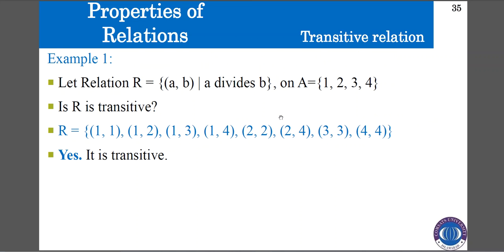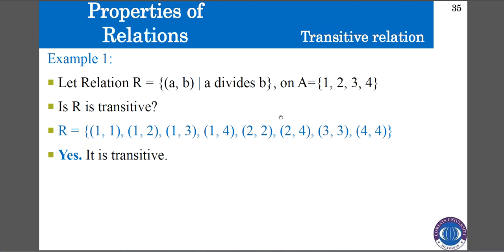Let us consider transitive relations. Example: relation R of pairs (a, b) where a divides b on the set A = {1, 2, 3, 4}. It is a transitive relation. First we get the relation, whose pairs are (1, 1), (1, 2), (1, 3), (1, 4), (2, 2), (2, 4), (3, 3) and (4, 4). First we take the first pair, (1, 1), and the second pair, (1, 2).